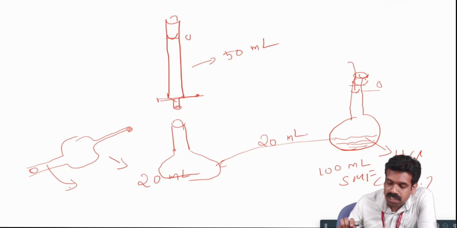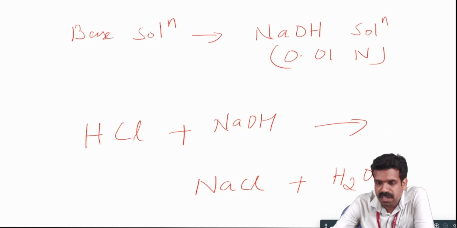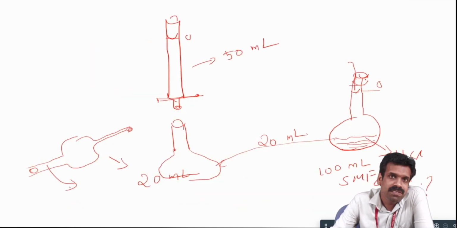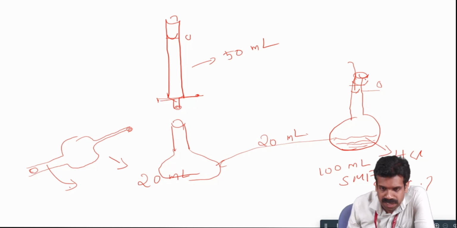I have also given you the NaOH solution, which I might have given you in a beaker, and that is again a colorless solution. But I have already told you the concentration of the NaOH solution is 0.01 normal. By using a funnel, you can transfer this base solution into the burette.